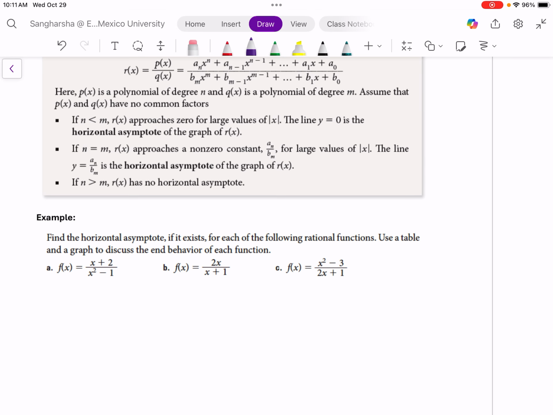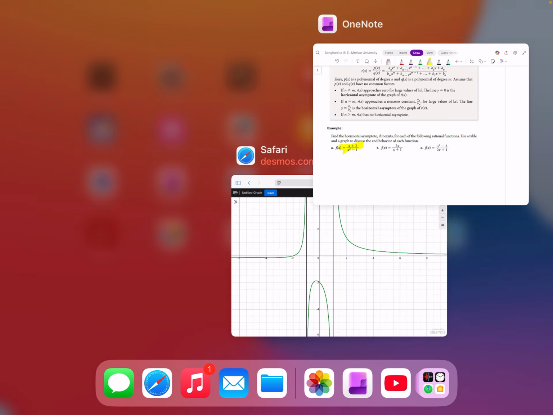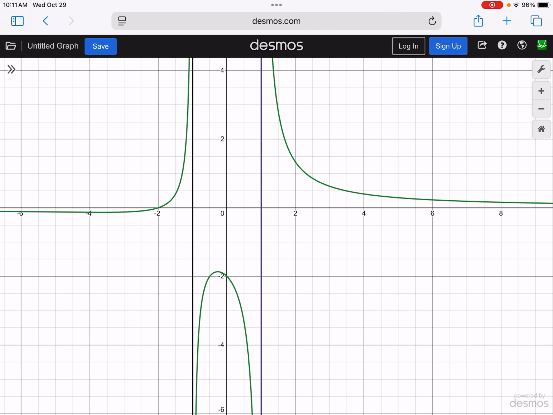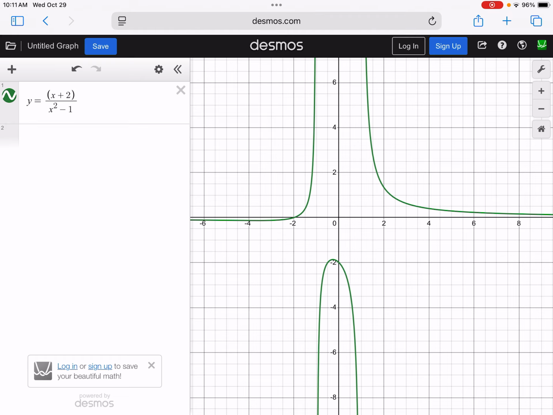Let me take this function and graph it. It's the same function here, and let me draw y equals 0 here.